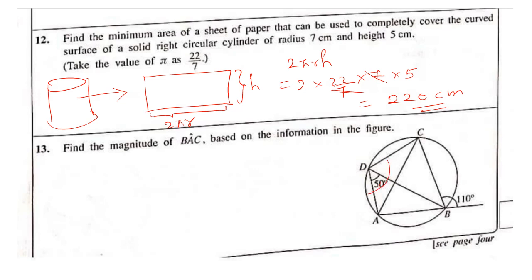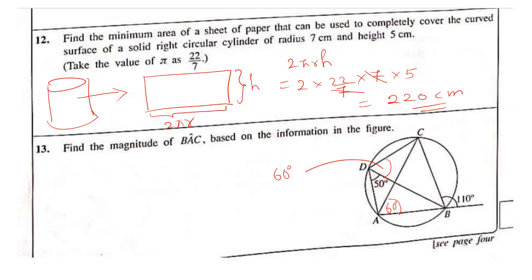Therefore, you can take this part as 60 degrees, because 60 plus 50 is 110. So this also has to be 60, because these are the angles in the same segment, right?